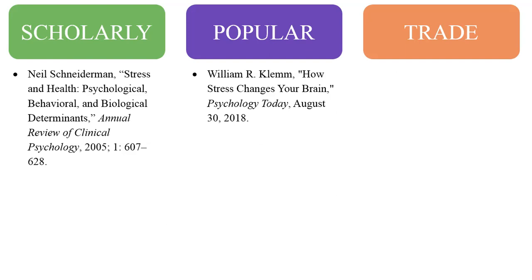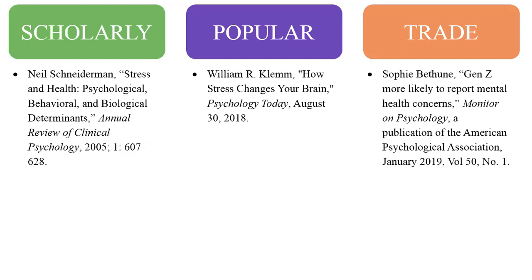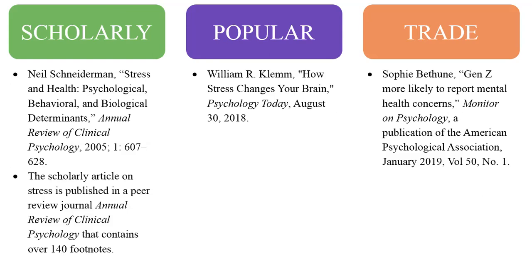The second one is a popular article published in Psychology Today, written in a far different language. And then the third is a trade publication. Sophia Bethune, "Generation Z more likely to report mental health concerns," published by the American Psychological Association in their publication, Monitor on Psychology, January 2019, Volume 50, Number 1. So three very different articles on stress.